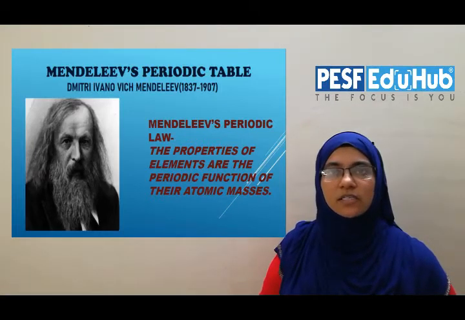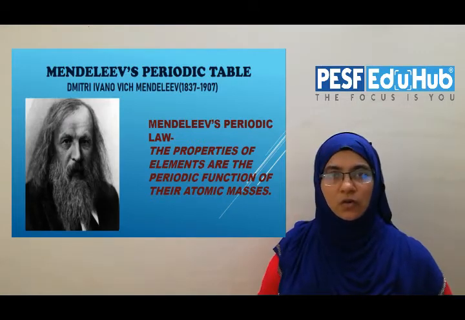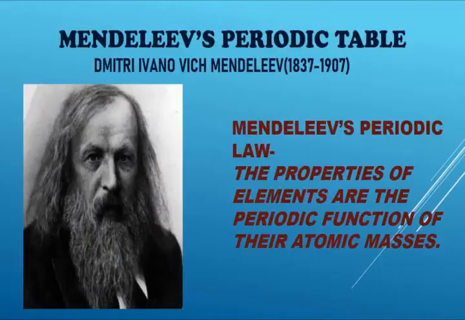Based on these findings, he postulated an important law which is known as Mendeleev's periodic law. The law states that the properties of elements are the periodic function of their atomic masses.